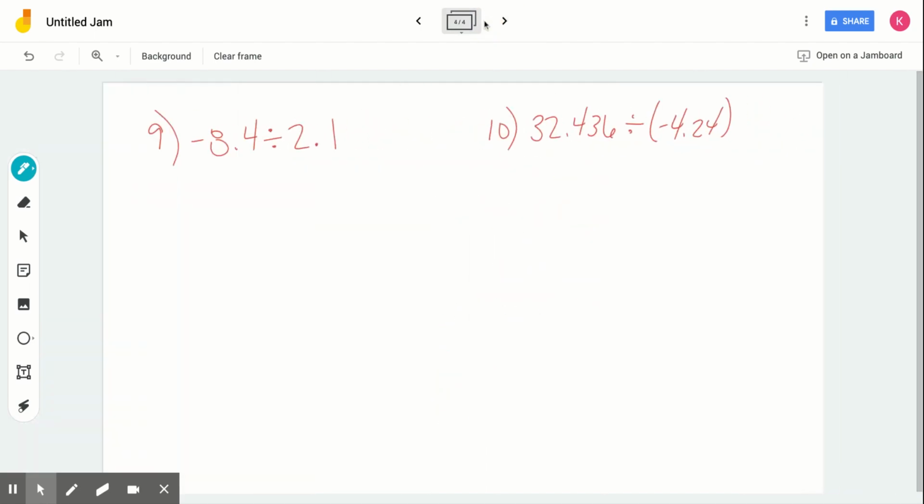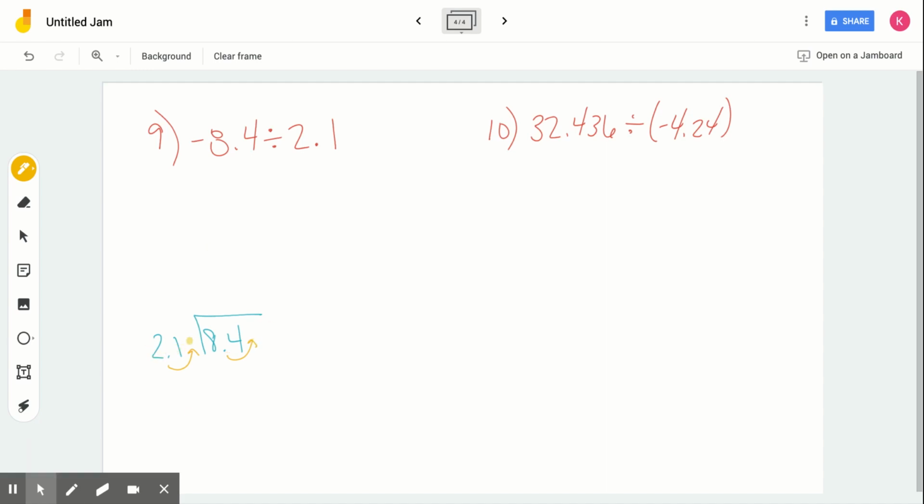Now, when we look at numbers 9 and 10, we're going to divide decimals. The first number should be going inside the house. So on number 9, 8.4 divided by 2.1. Now we want to go ahead and move this decimal one place, so it's at the end of the number, and we have to move the inside decimal the same number of places.